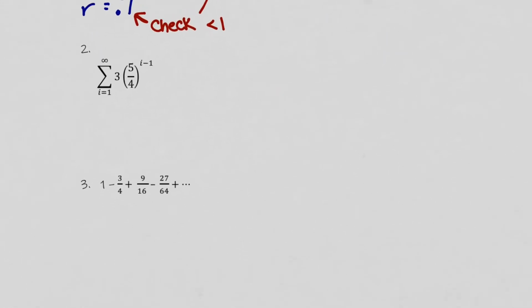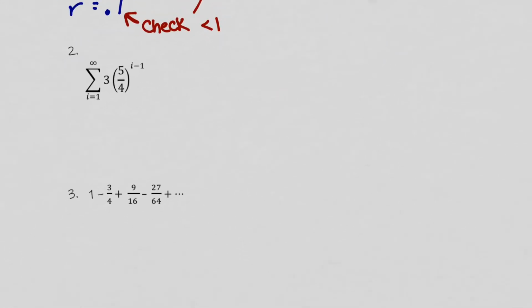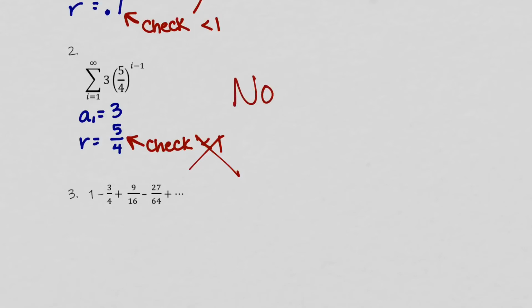And then number 2, again, the only things we need are a1 and r. a1 is 3, r is 5/4. Okay, before we move on, we have to check. Is it less than 1? Nope, it's not. It's actually greater than 1. It's 1.25. So this one has no sum.